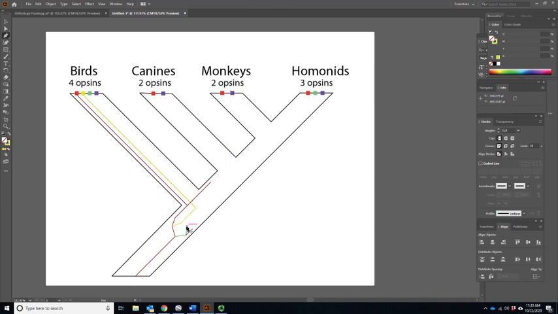And do the blue and green also. So what this means is that the common ancestor of mammals and reptiles had 4 opsins, right? Even though they've been dead for tens of millions of years, we can't go in and find that ancestor and look at their opsins. Opsins aren't preserved in fossils, but we can infer that based on the gene history being mapped onto the species history.